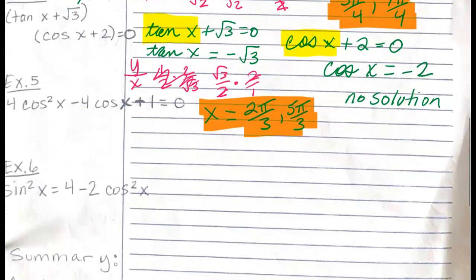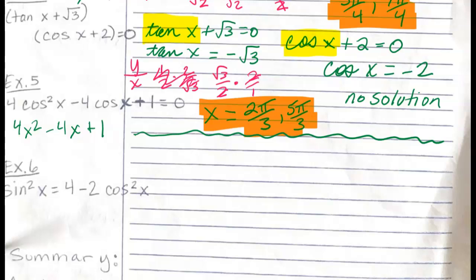All right, next one. So example 5, you're going to want to look at it exactly like a factoring problem. 4x squared minus 4x plus 1. Okay, so if you would factor that out, let's draw a line here.